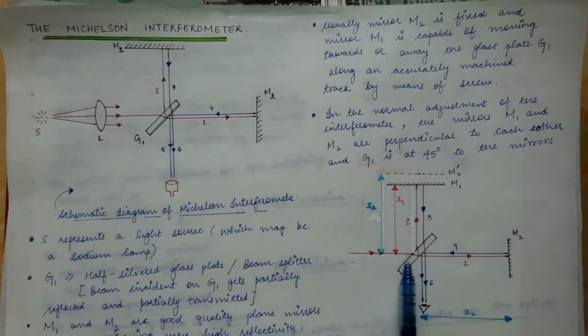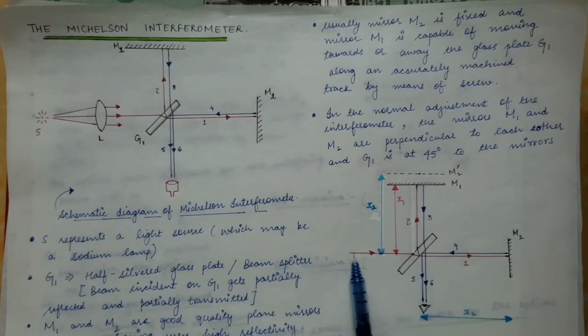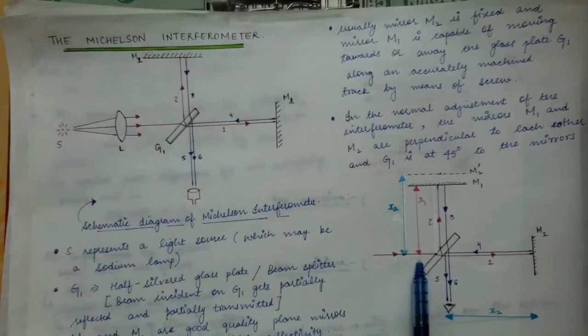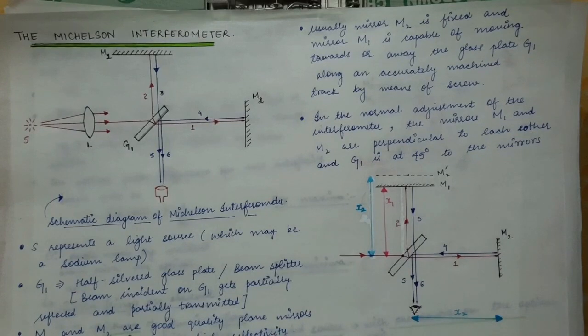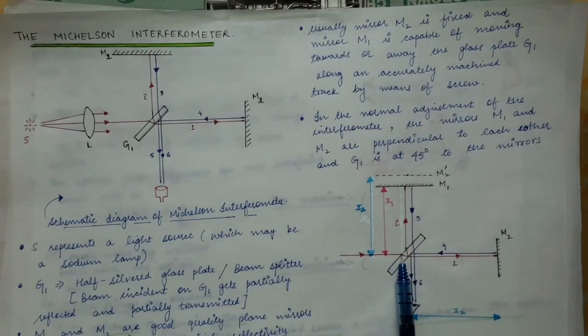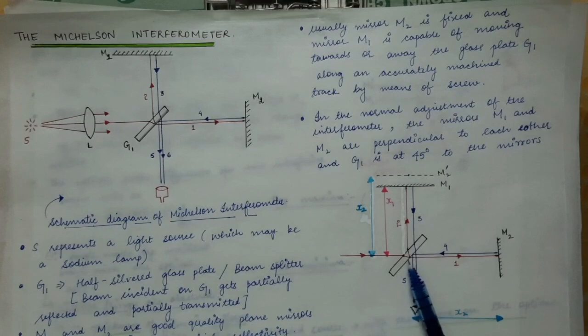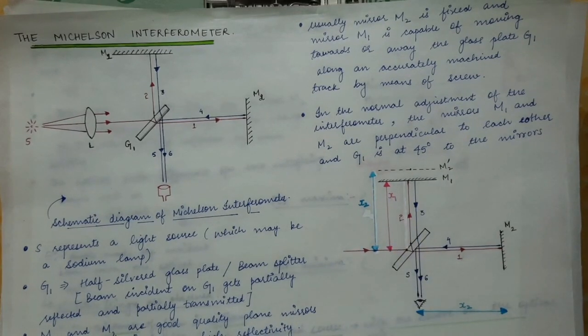Since this ray is incident at 45 degrees, it is parallel to the optical axis, because there is one optical axis in this direction and one optical axis in this direction. So the incident ray is parallel to the optical axis, and after getting transmitted it is again parallel to the optical axis, and the other reflected ray is parallel to the other optical axis.